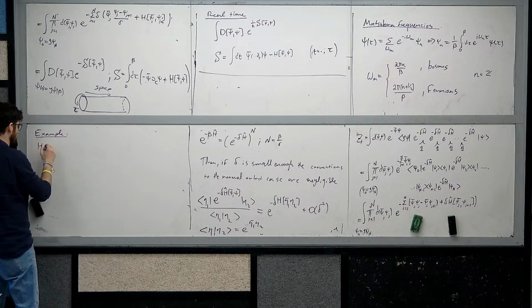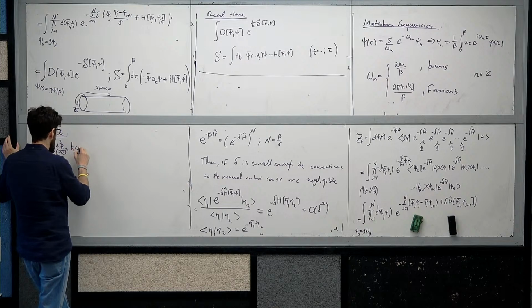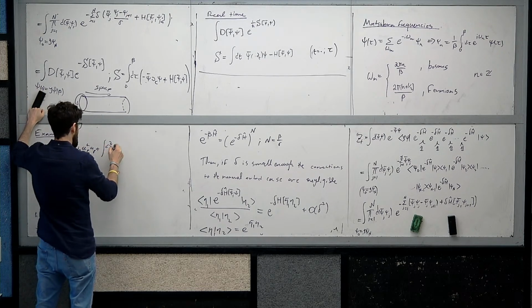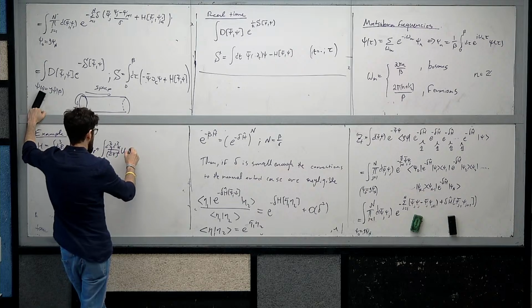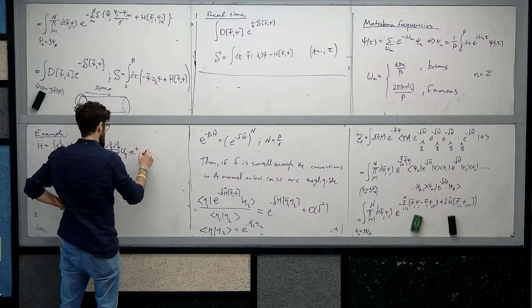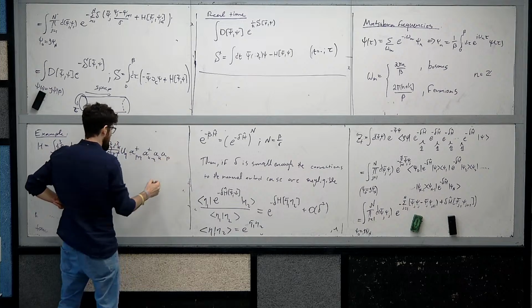Say our Hamiltonian was a sum over d3p over 2 pi cubed, h bar omega p a dagger p a p, plus integral d3q d3k over 2 pi 6, uq, a dagger a, p plus q, k minus q, k, p.